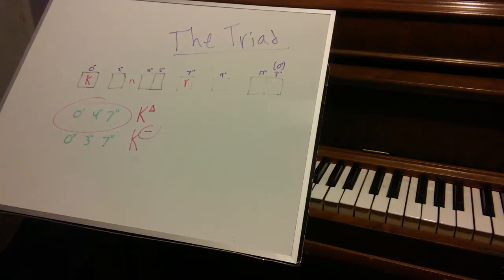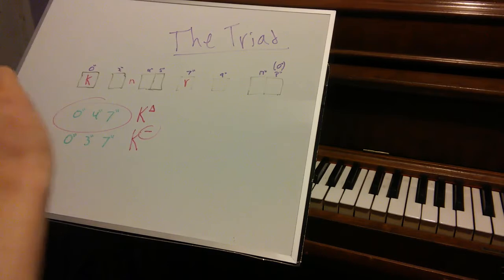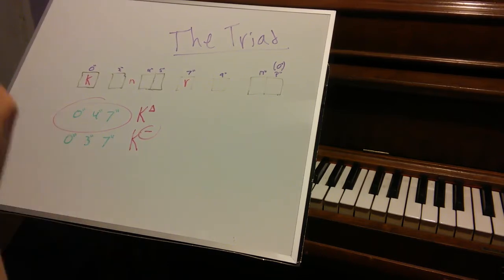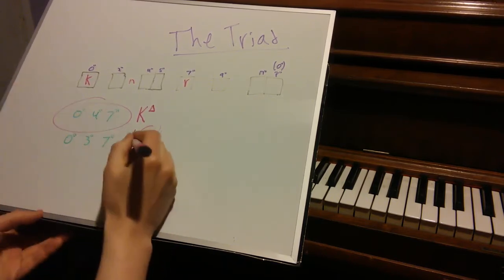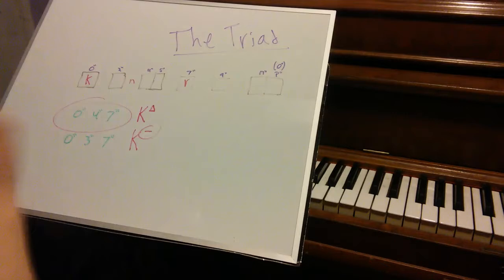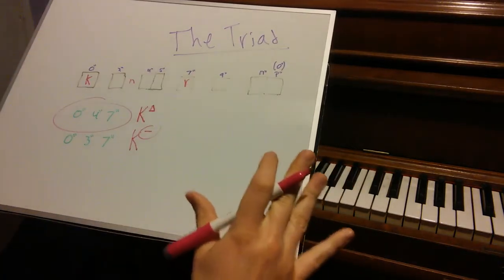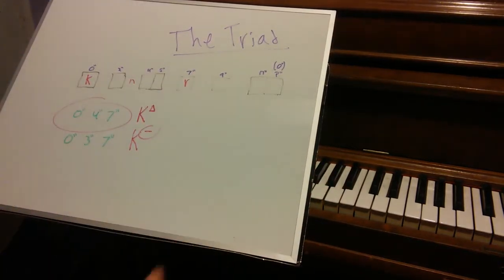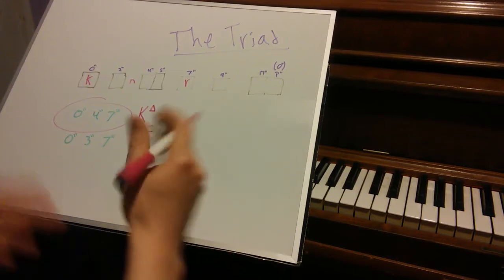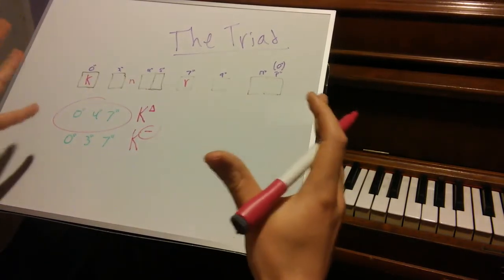And so, 2 other common triads. I don't know exactly what the word triad can apply to, but these 4 are definitely part of the most commonly used first 3 notes of your chord.